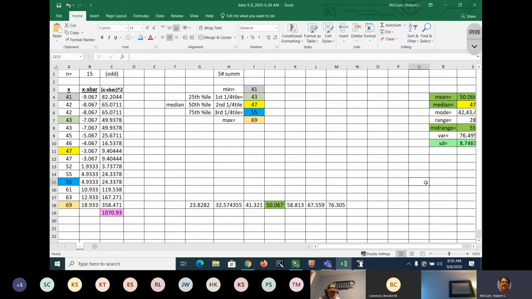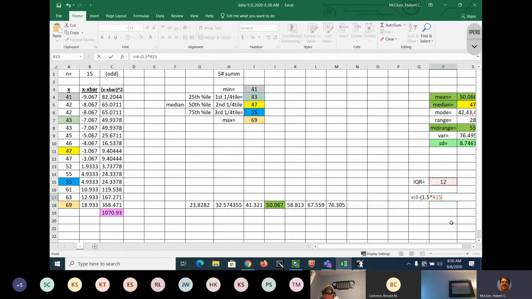So my interquartile range is going to be equal to my third quartile minus my first quartile. Okay, and then my lower is going to be equal to my first quartile minus, parentheses, 1.5 times interquartile range, close parentheses, enter.